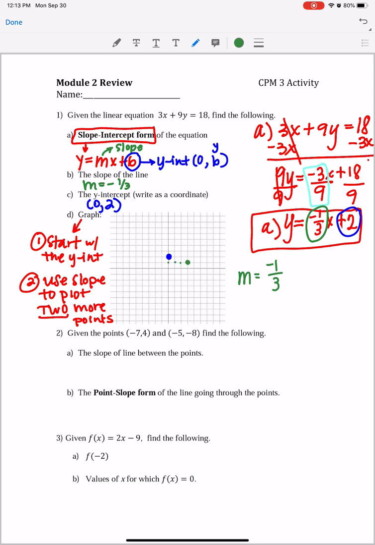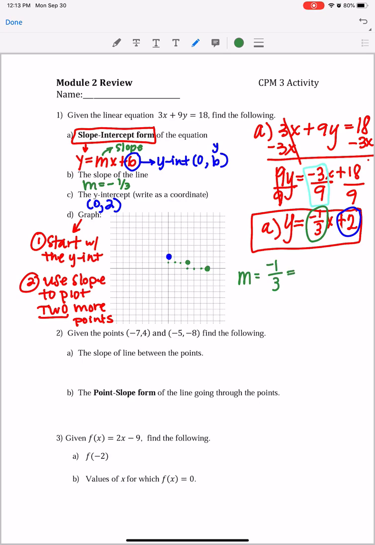I need 3 points, so do it again. Go down 1 since it's negative 1 and over a positive 1, 2, 3. Okay, and remember that works the same going the opposite way.